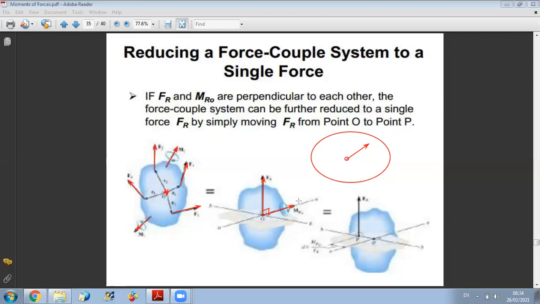And when the moment and force are perpendicular, this means that you can end up with a single force. Why? Because you know that a force can produce a moment only about an axis that is perpendicular to it. A force can never produce a moment about an axis that is parallel to it.